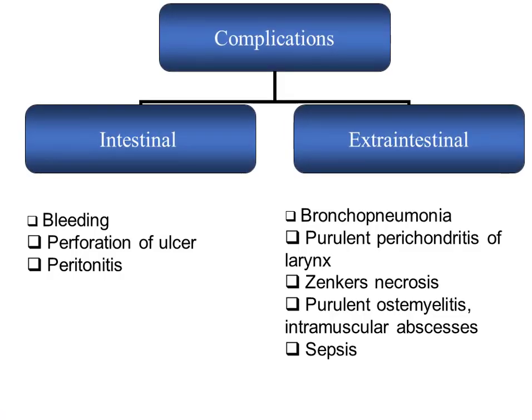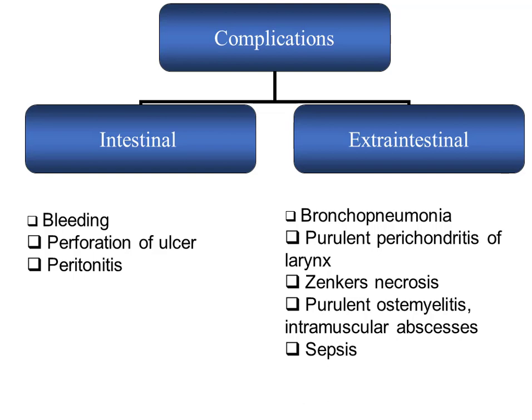Complications of typhoid fever can be intestinal and extraintestinal. In the case of intestinal, we speak about bleeding, which usually happens in the third week, in the stage of ulceration. Ulcer perforation, in the fourth week, when we see clean ulcers, usually leads to the development of peritonitis.